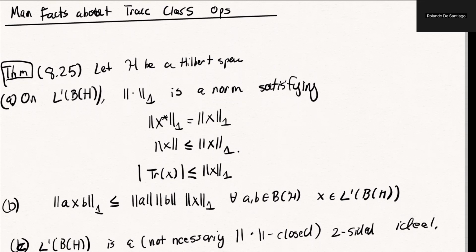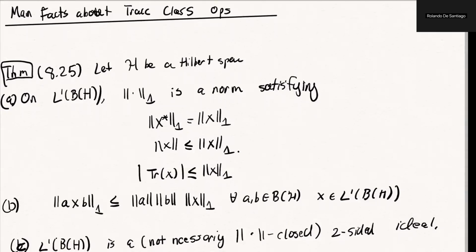The one norm of an adjoint of an element of the trace class is the same thing as the one norm of the original element. The operator norm of an element is dominated by the one norm of that element. And then this other result that the absolute value of the trace of x is subordinate to the one norm of x is also true.